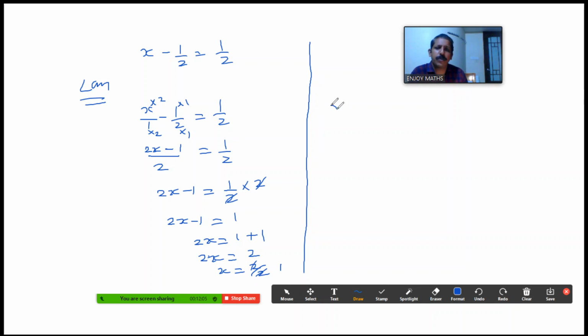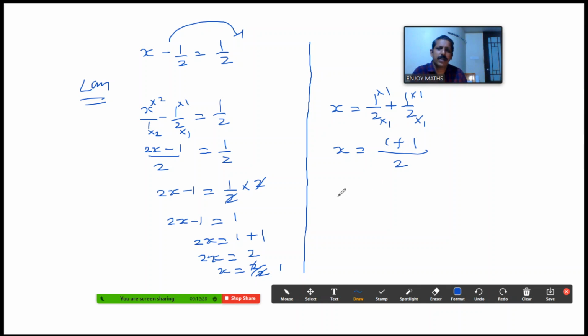The other way of doing is what? Okay, x, this one, I take this one this side. Then what happens? Half, but minus becomes here as plus half. So x is equal to, the LCM is 2. So 2 into 1, 2. So there also 1, so put 1. This also 1, so top also 1.